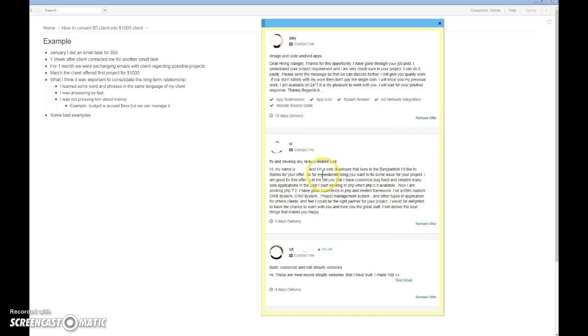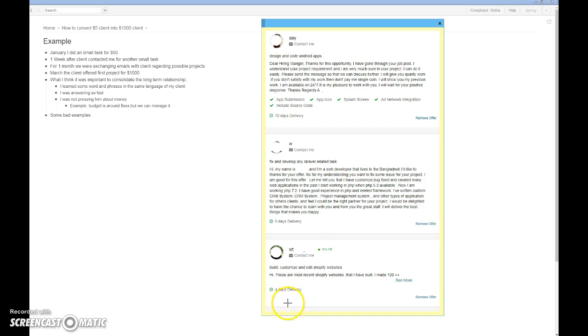Second, "Hi, my name is, I'm a web developer that lives in Bangladesh. I would like to thanks for." So you see, it could be a little more, but it's not answering what I'm asking for on this project. I don't have the desire to read this, because now I'm showing only 3 examples, but I received maybe 50, 60, 70 offers, and it's impossible to read all of them.